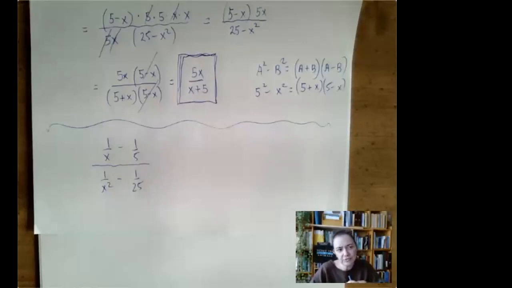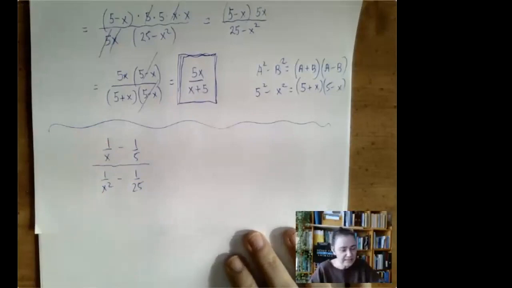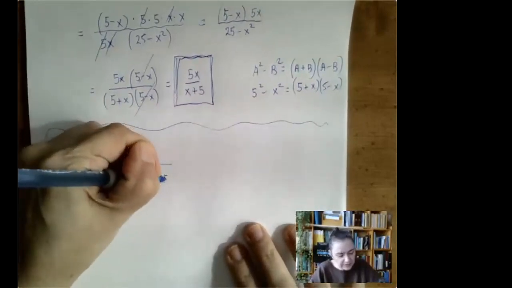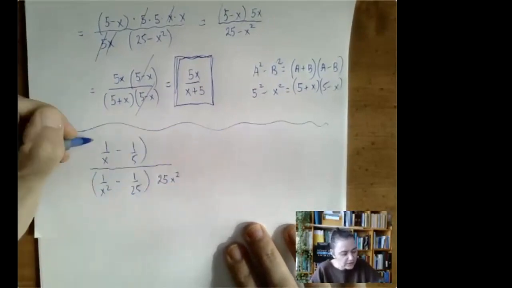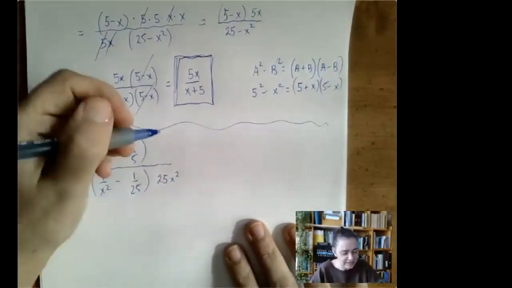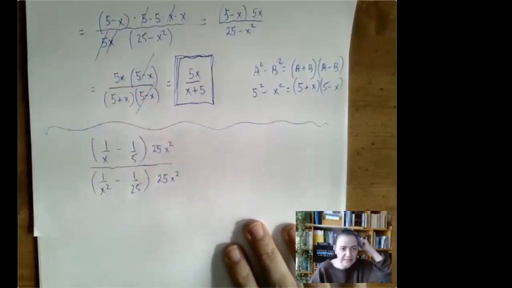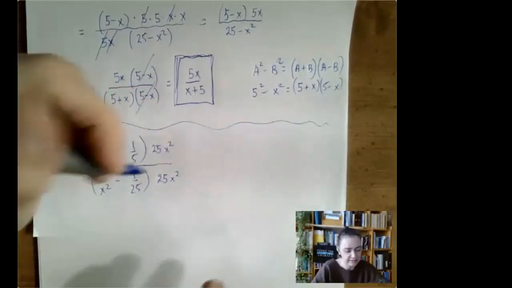So now we're going to multiply upstairs and downstairs of this big complex fraction by something that blasts the denominators. So it has to be the same thing, and the denominator will need more. The denominator will need 25x squared. And so the numerator would only need 5x, but we have to use the same thing. So we're going to multiply upstairs and downstairs by 25x squared.